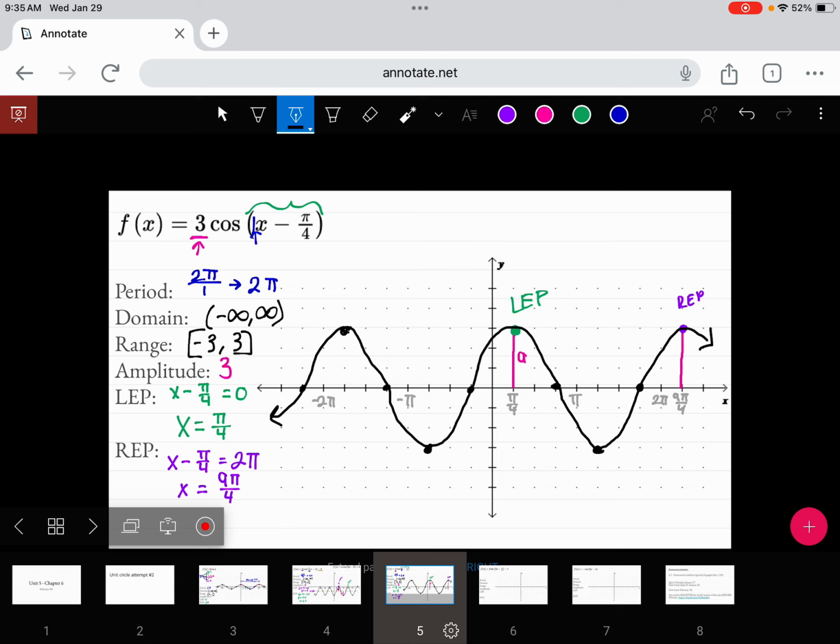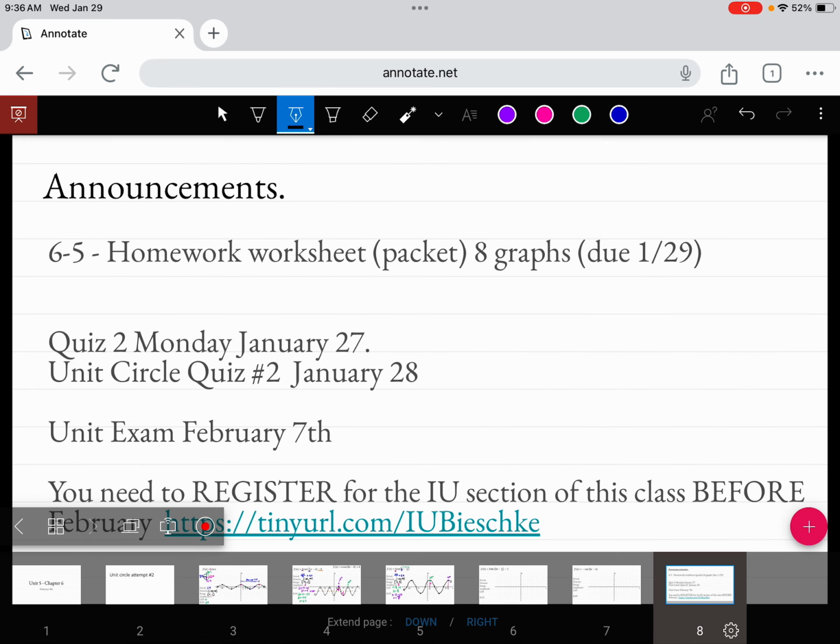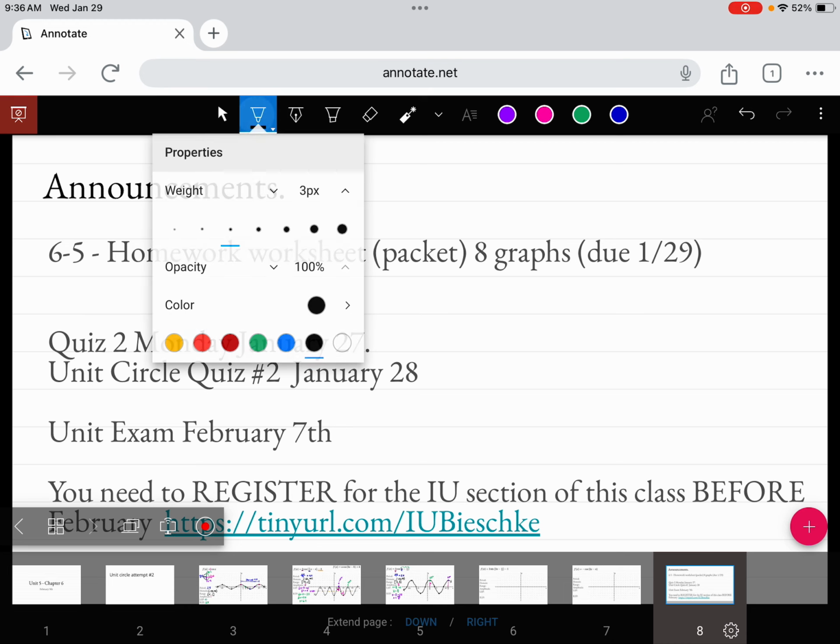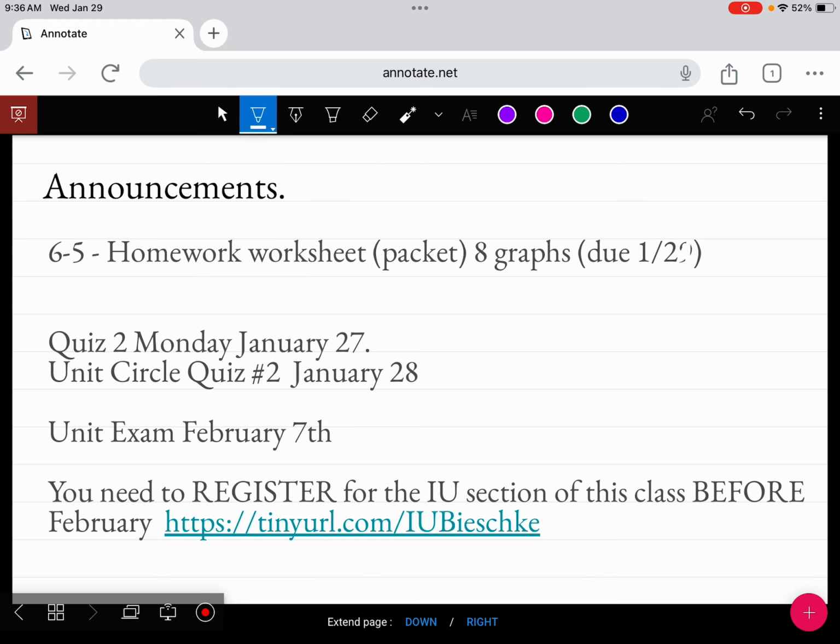You say we have 10 minutes. If you want to, we could do another example, or you could have time to work on that homework packet. There are like 8 of them on there. Not do 129, clearly, because that's today. So tomorrow at the earliest, if you need another day, because I know these graphs take a while, that's totally fine.